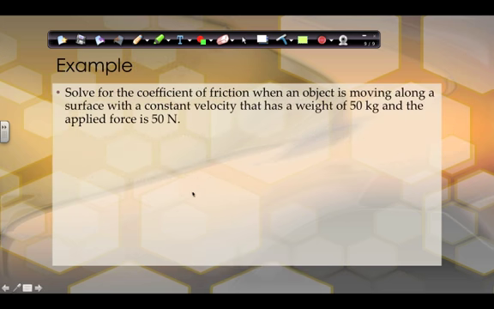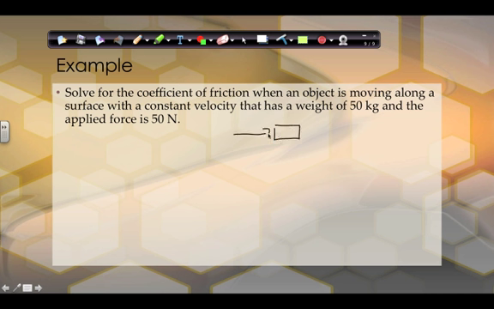All right, so solve for the coefficient of friction when an object is moving along a surface with a constant velocity that has a weight of 50 kilograms and the applied force is 50. So when we're looking at this, let's draw the object.